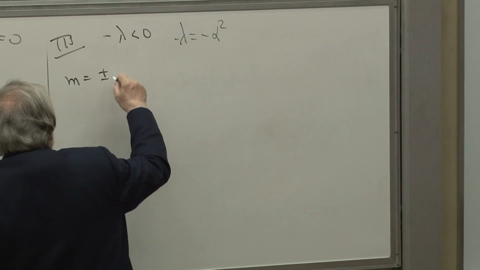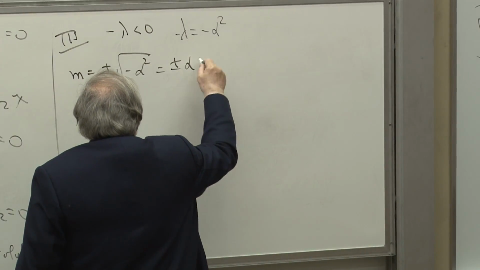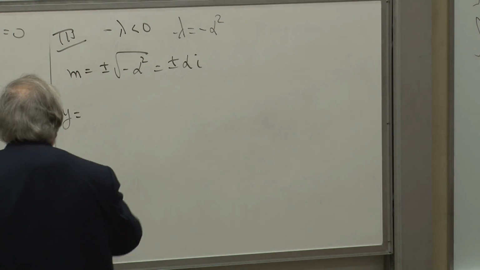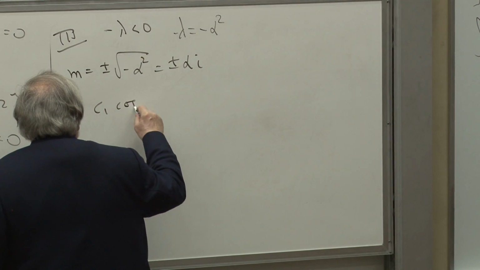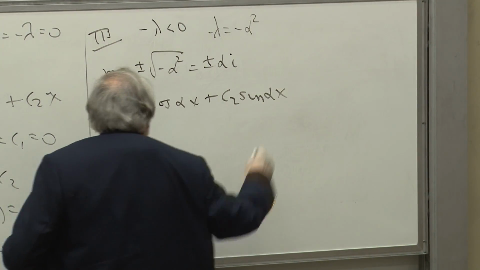M is then plus or minus the square root of negative alpha squared, plus or minus alpha i. And so this is the third kind of solution for the differential equations. It's the case where we have sines and cosines: C1 cosine alpha x plus C2 sine alpha x.